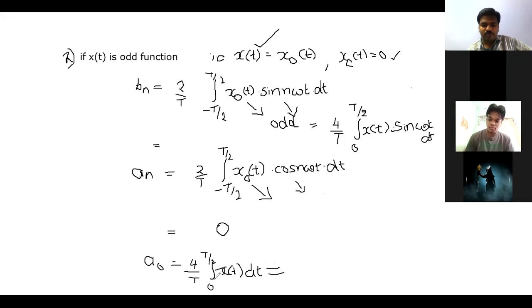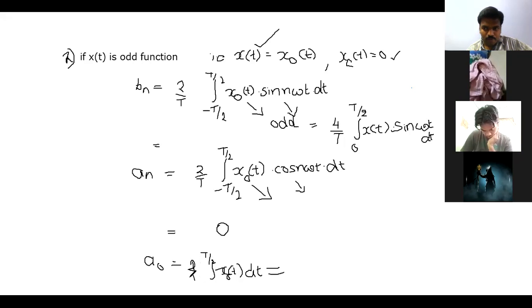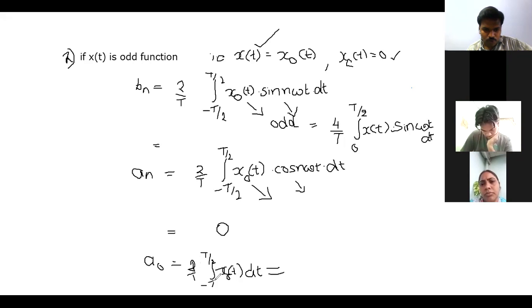Now come to this case. Here this is the integral of an odd function, 2 by T, integral of minus T by 2 to plus T by 2 of x naught of t.